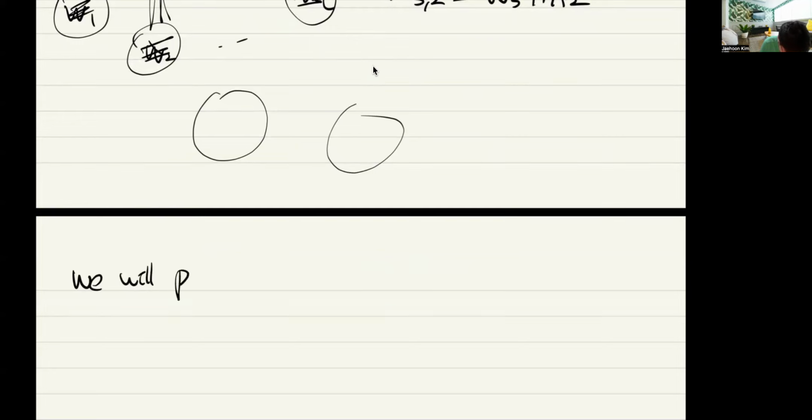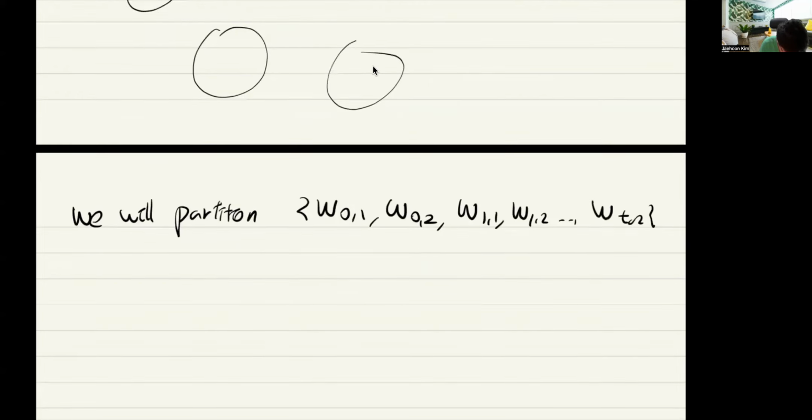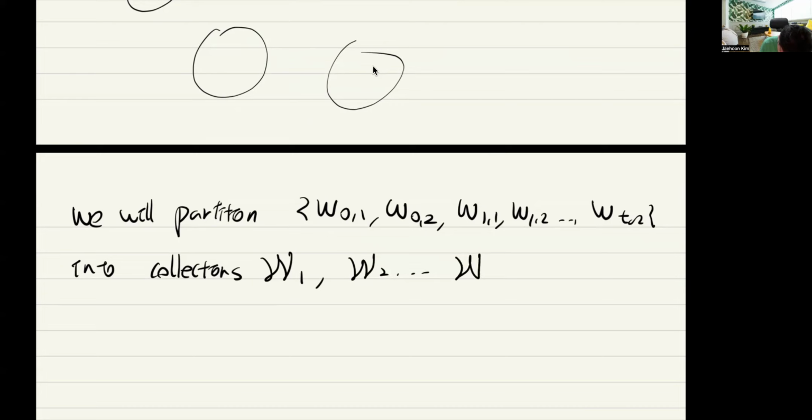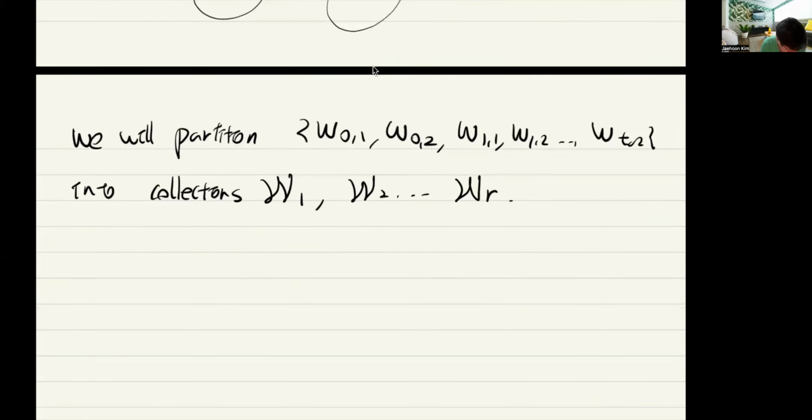We will partition W01, W02, W11, W12, dot, dot, dot, WT2 into collections curly W1, curly W2, dot, dot, dot, curly WR, which we partition in a way that they satisfy the following.